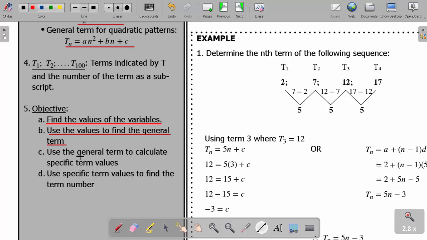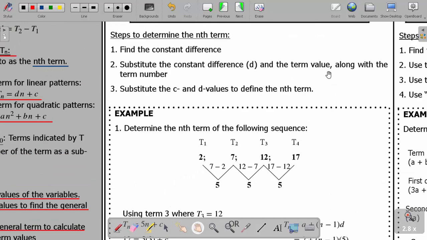Also to use the general term to calculate specific term values, and we're going to see that in examples as well. And then lastly, to use specific term values to find the term number. Like they can say, which term in the sequence is equal to 80? That's when we want what? The term number. All right, let us proceed now.